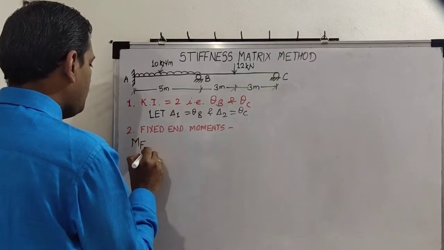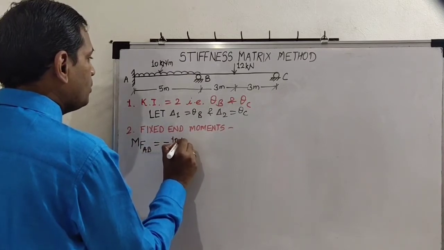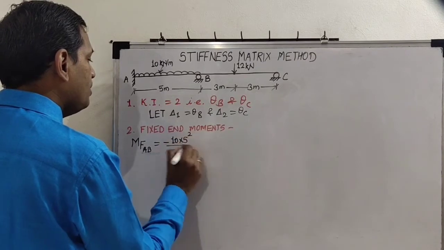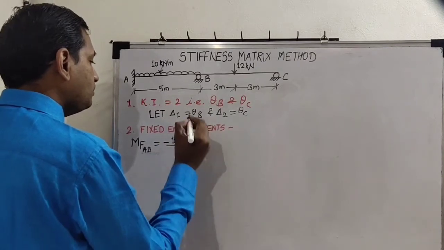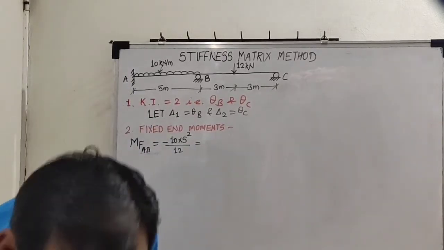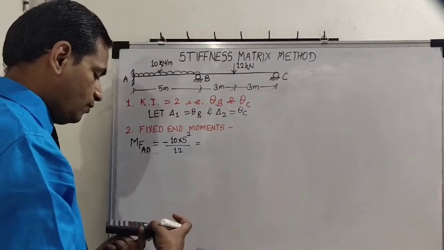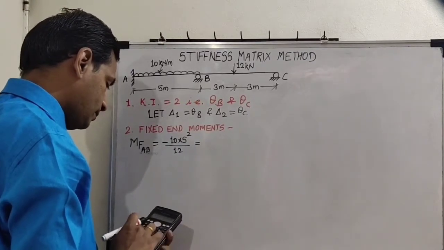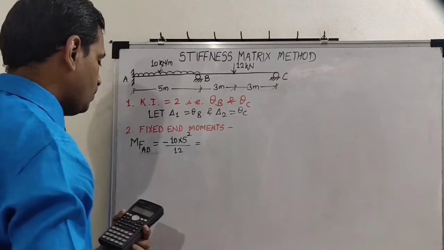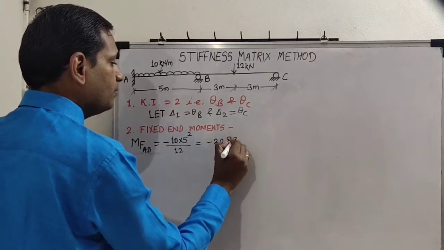So MF AB is equal to minus WL square by 12. So minus 10 into 5 square upon 12. So let us calculate the value. 10 into 5 square upon 12. So it is minus 20.83 kilonewton meter.